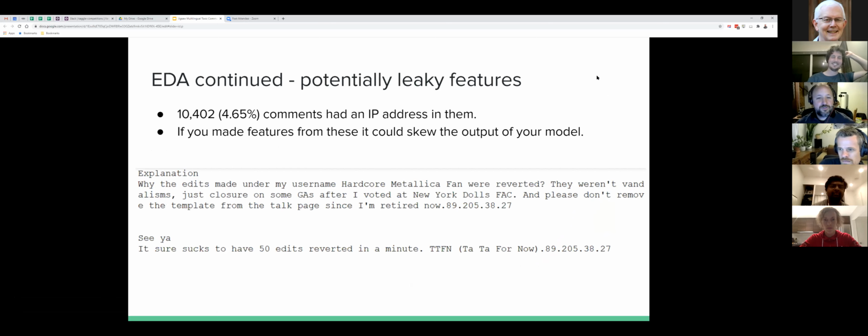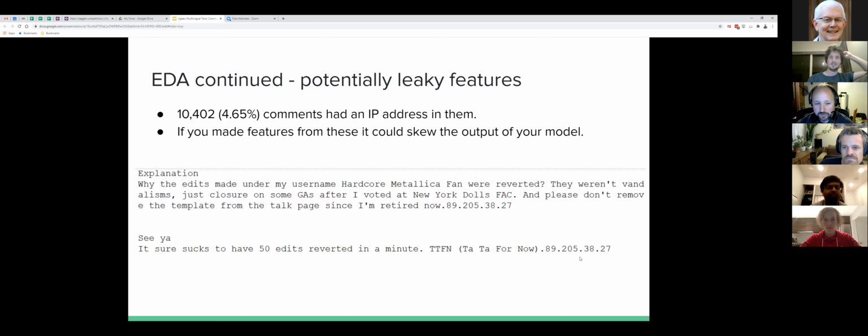And then I also saw what I thought might have been a potentially leaky feature. About 5%, or just under 5%, of the comments in the training data had an IP address in them. These 2 comments I've included had the same IP address, so we could probably assume they're from the same user. If you were to specifically make a feature out of this, I definitely think that might skew the output of the model and probably make it overfit, from what I understand.